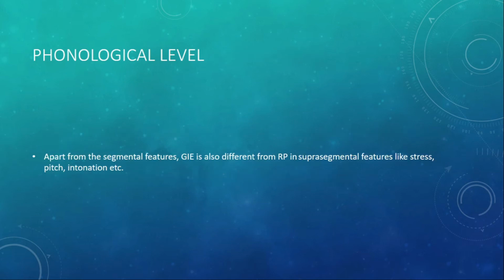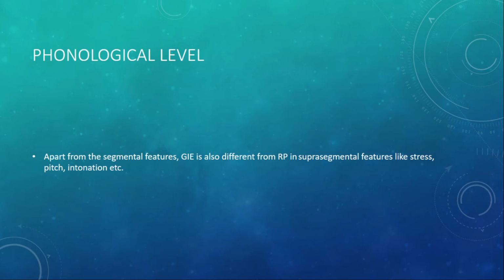Then again, it should be noted that the points we just discussed belong to the segmental features. But GIE is also different from RP in suprasegmental features like stress, pitch, intonation, etc. That is because most Indians already have a first language, a mother tongue.